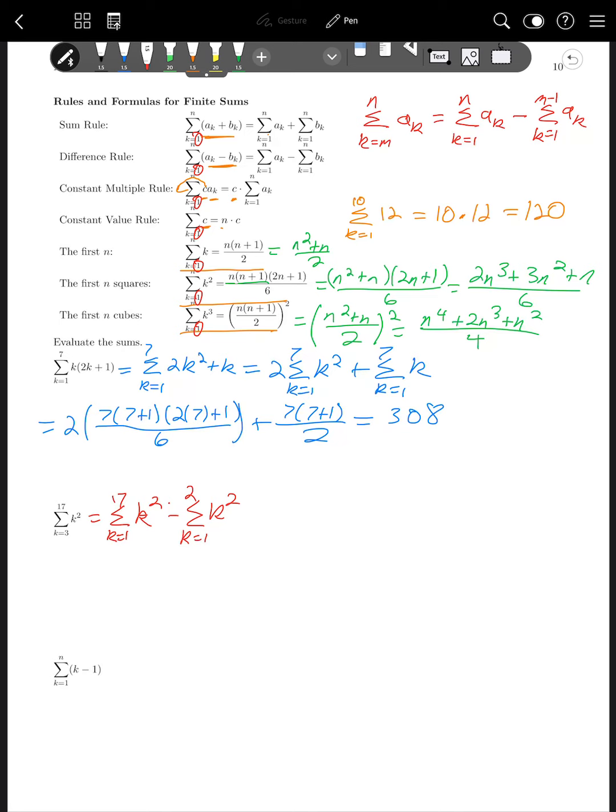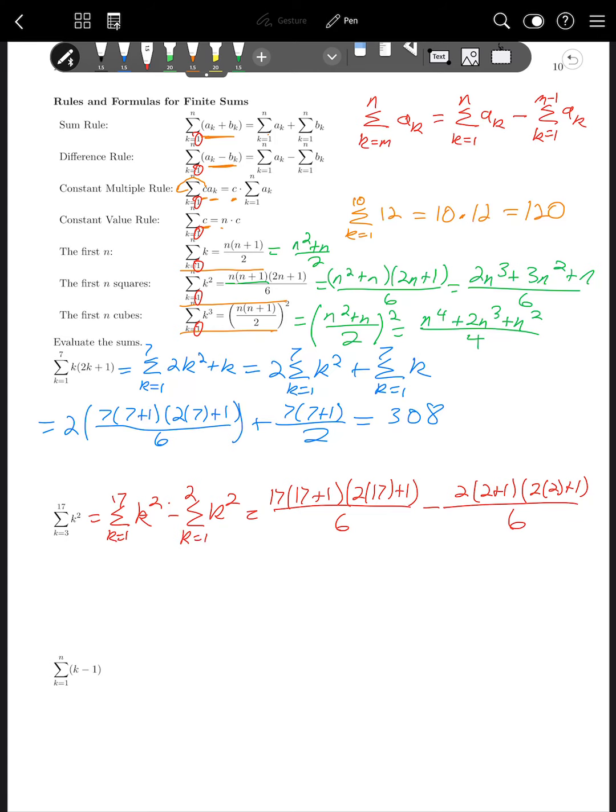And so notice what that will do is it will get rid of the 1 and 2 from the left-hand term using the right-hand term. And now we can use our rules. So this would be 17 times 17 plus 1 times 2 times 17 plus 1 over 6 minus 2 times 2 plus 1 times 2 times 2 plus 1 over 6.